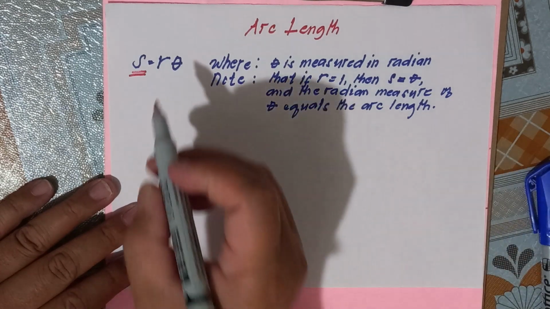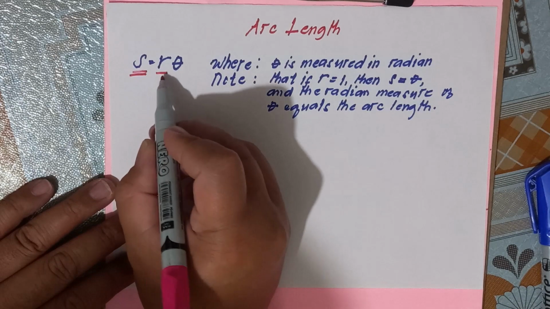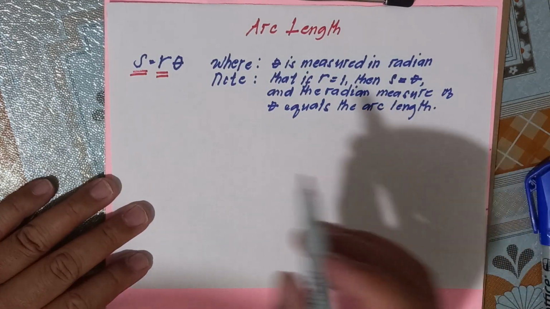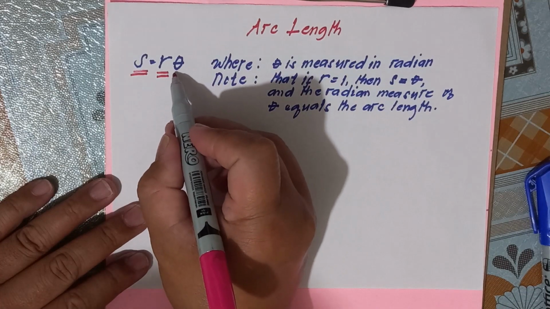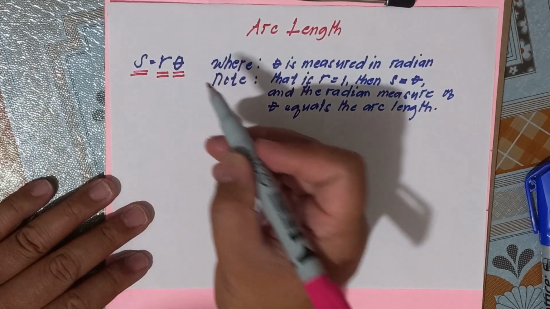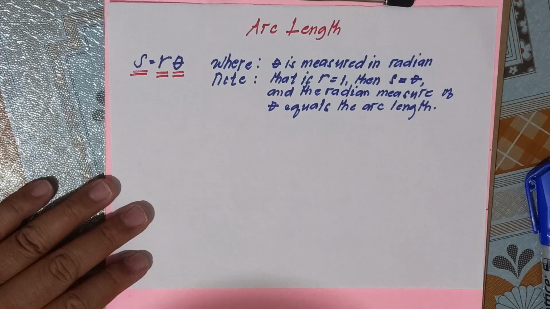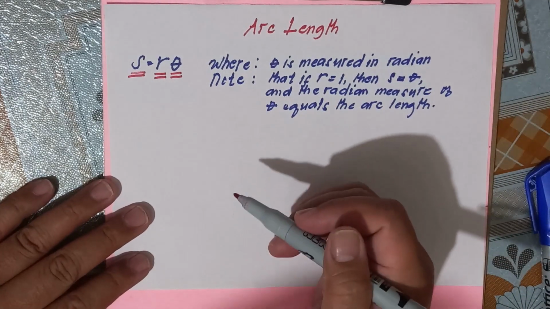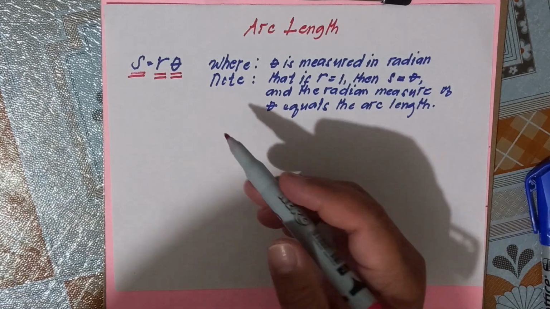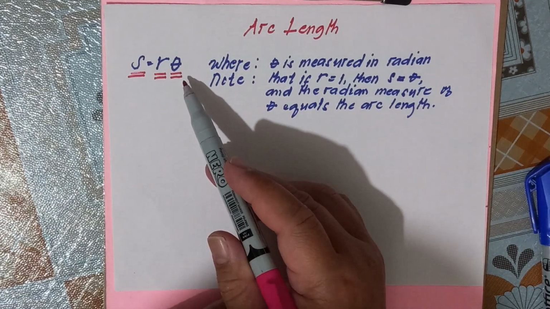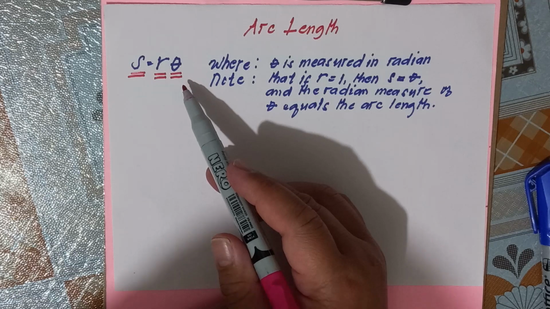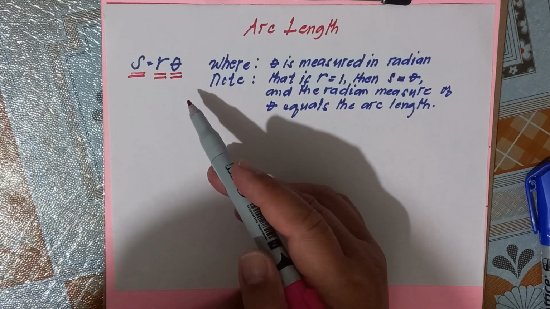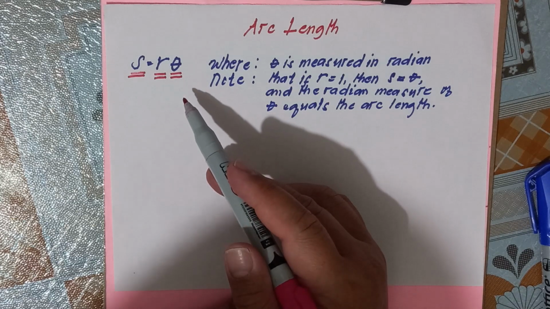Now what about the R? The R here is the radius of the circle, and the symbol theta is the measure of the central angle, which is in the form of radian.